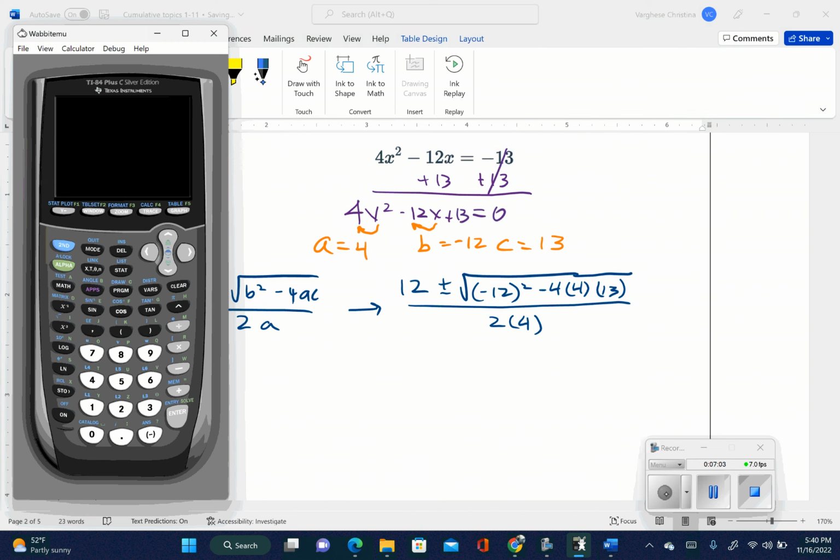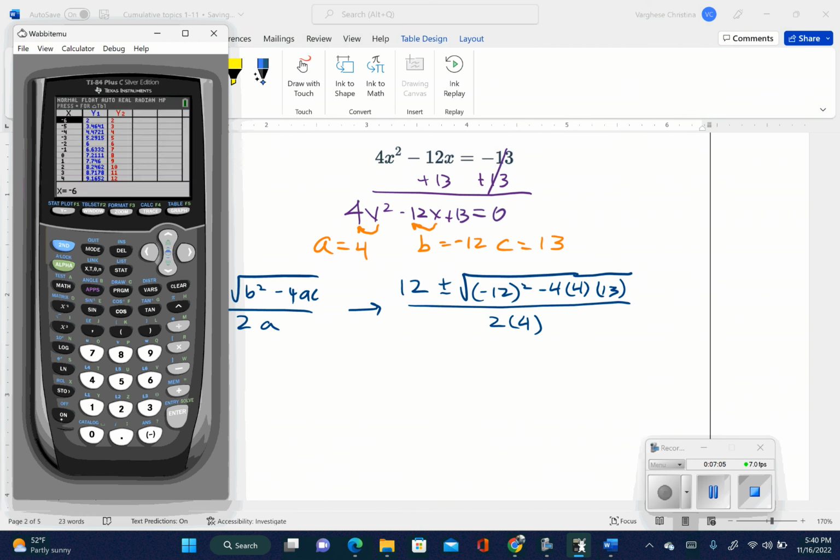Next thing we do is you take your calculator, turn it on, go to the regular screen like this. Don't plug in the radical, plug in what's under the radical. So parentheses, negative 12, close, and then we're going to square it, which is right here.